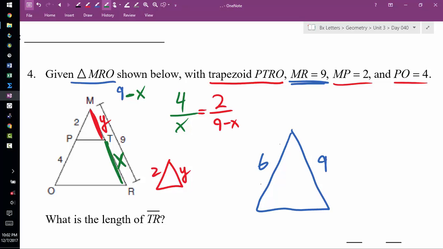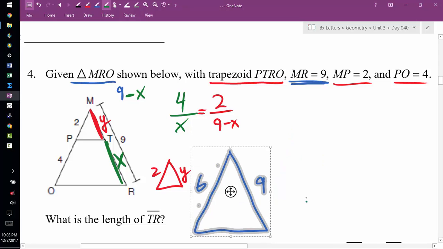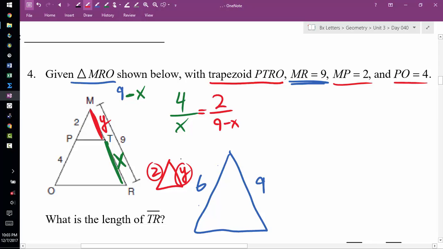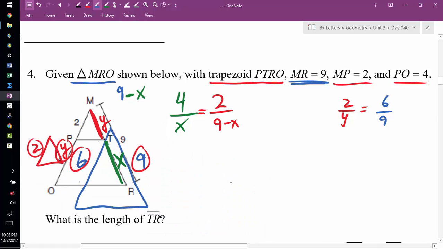So if I use these similar triangles, the proportion I would get would be 2 over y, which is the same as 6 over 9. I'm going to put these over here, and then I'm going to solve.